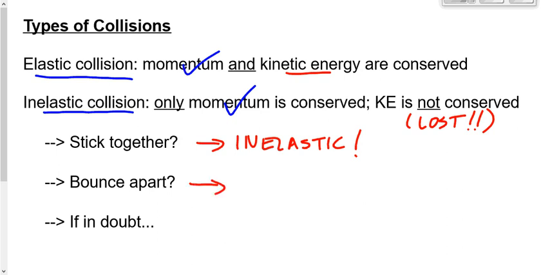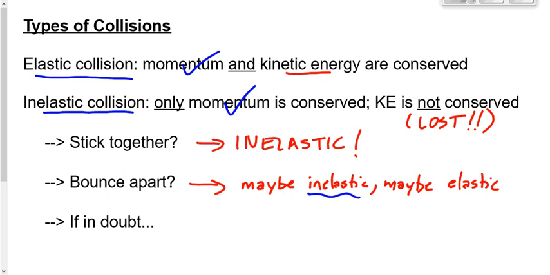If they bounce apart, well, you know what? It's likely inelastic still, but we don't know for sure. It may be inelastic. Well, it probably is. It may be elastic, but it's probably inelastic.